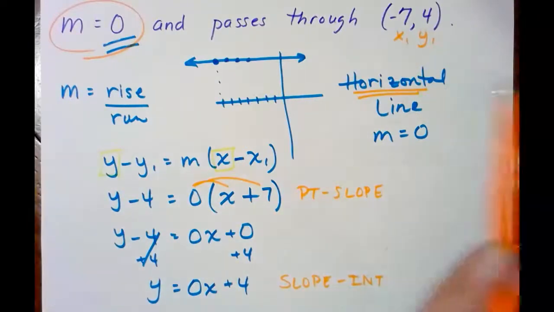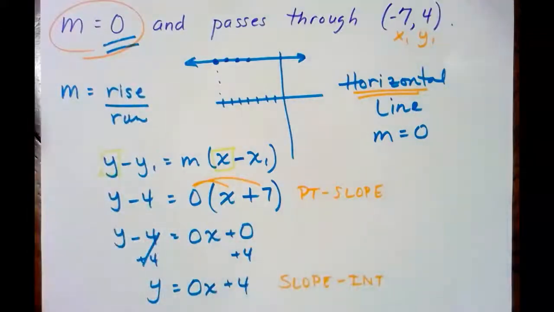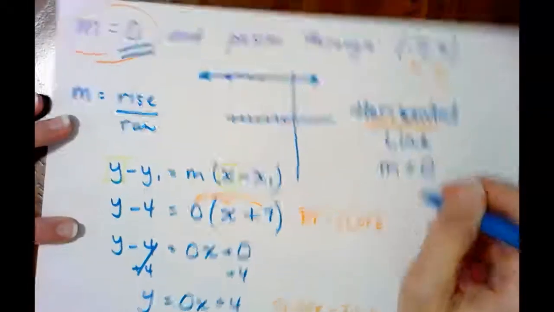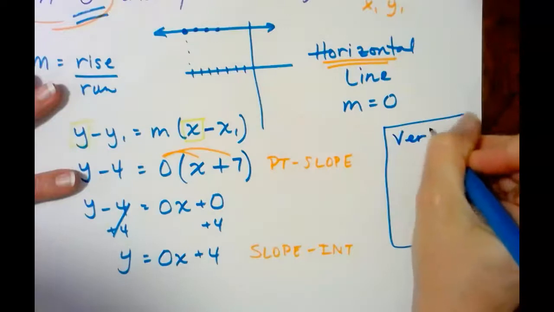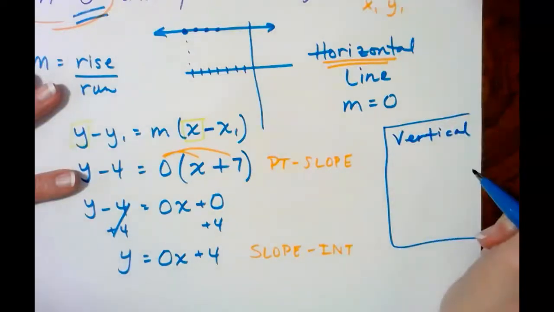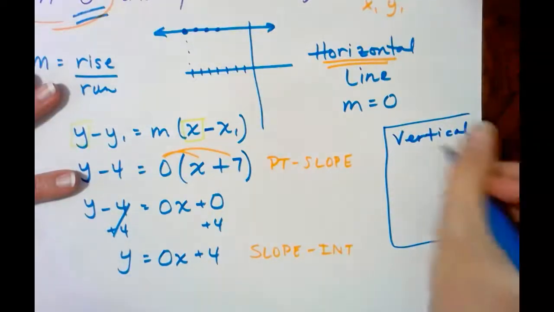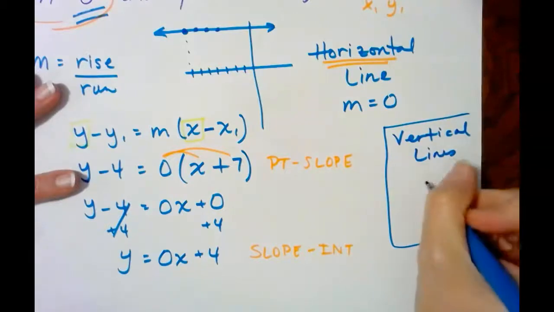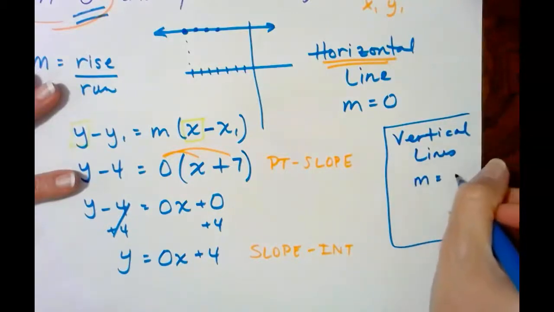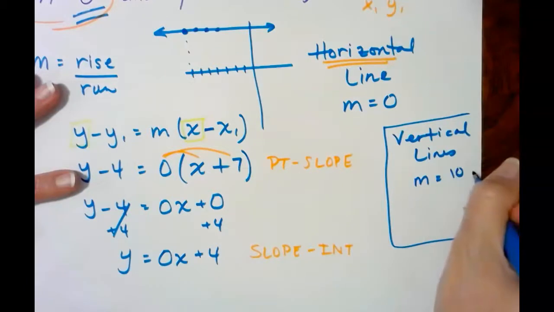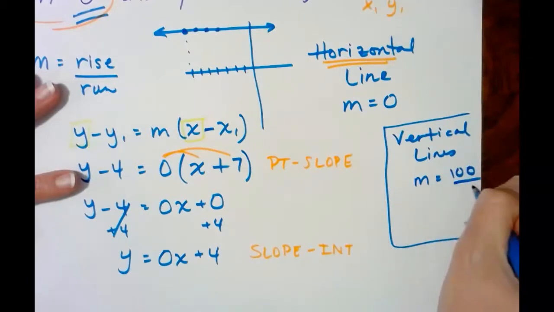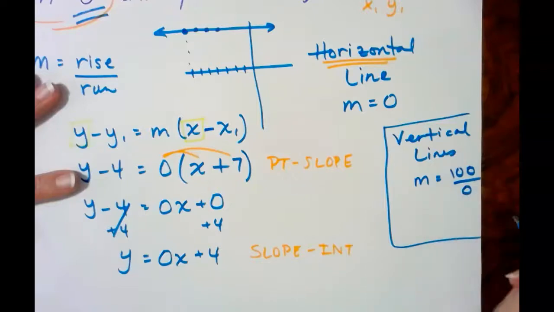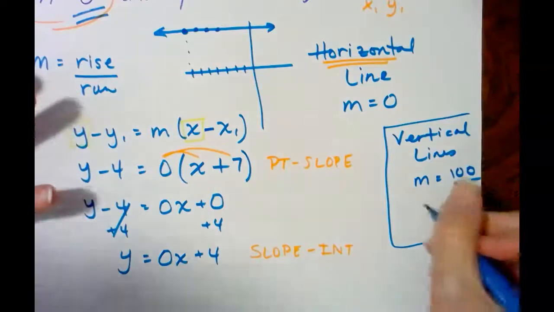So if a horizontal line has a slope that is exactly equal to 0, let's remind you what a vertical line does. A vertical line never runs. So that means that our slope could be 1 or 10 or 100 on the top, because all it does is rise, but it is over 0, and we cannot divide by 0.